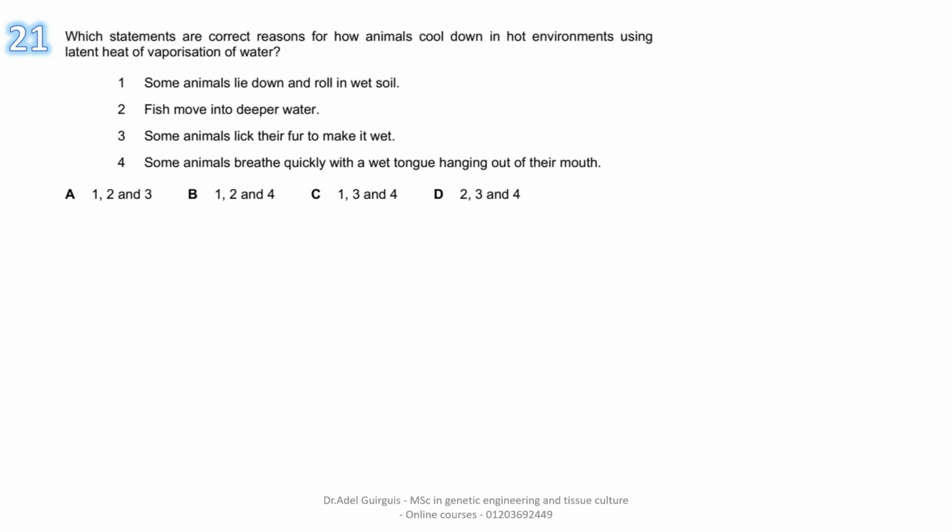21. Which statements are correct reasons for how animals cool down in hot environments using latent heat of vaporization of water? Some animals lie down and roll in wet soil. Firstly, before completing this question, let's define latent heat of vaporization.